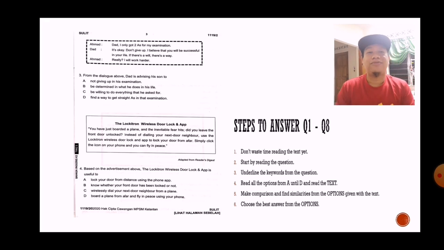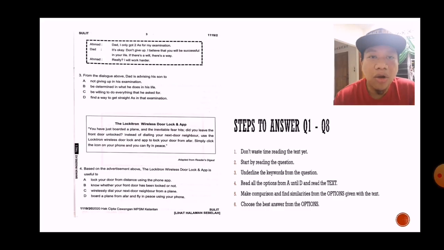So it means that if you have the motivation to be successful in your life, especially you in front of me at the moment, my beloved students, of course you will put effort into it. That is what it means by there's a way. Pasti ada jalan. So what did Ahmad say? Really? I will work harder.